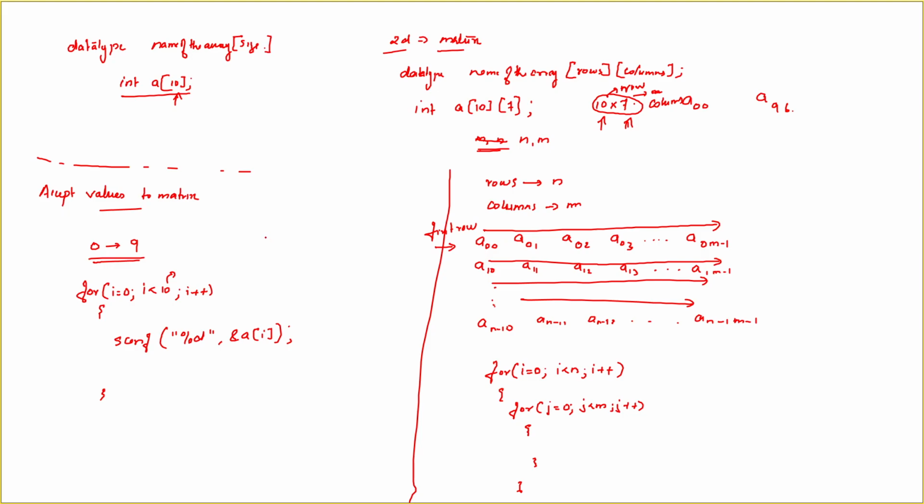Consider this nested for loop. In this nested for loop, what will be the values of i and j? Just think of the values of i and j.